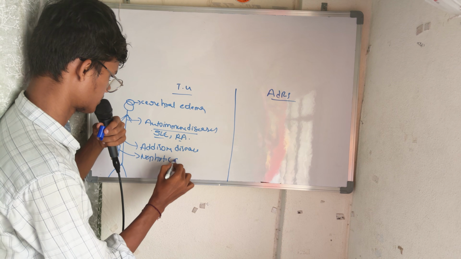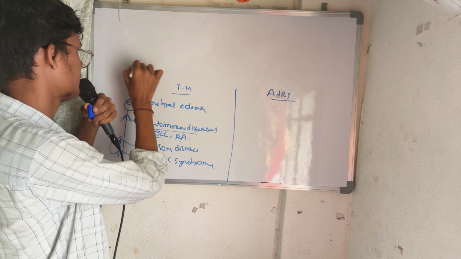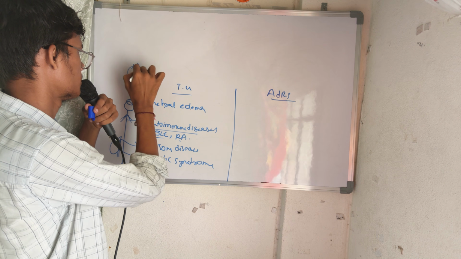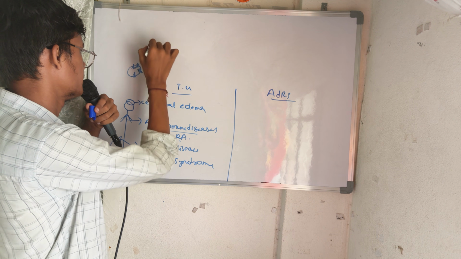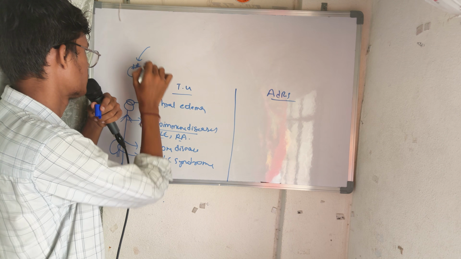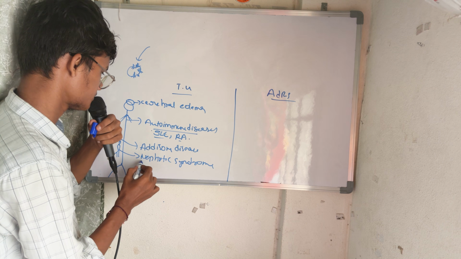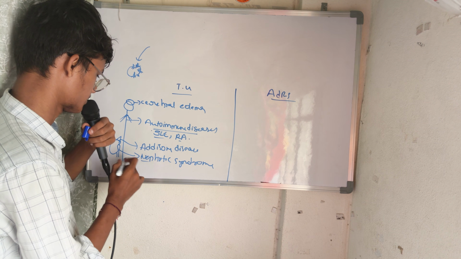What happens in nephrotic syndrome is there will be immune complex deposition in the glomeruli. So there will be inflammatory reactions happening due to this immune complex formation, so the glomeruli will be damaged. So in nephrotic syndrome also you can give.